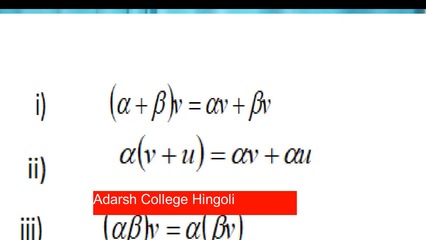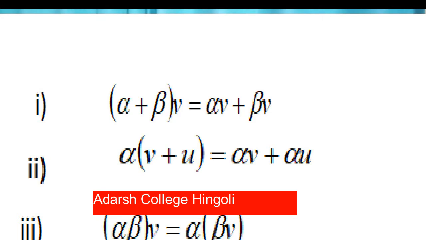And the third condition: (alpha beta) into v, parenthesis, that is, preference goes first to alpha and beta, so alpha beta first and then multiplied by the vector. If this is equal to alpha times (beta into v), and the last property is 1 into v equal to v, where 1 is the unit element of the field.